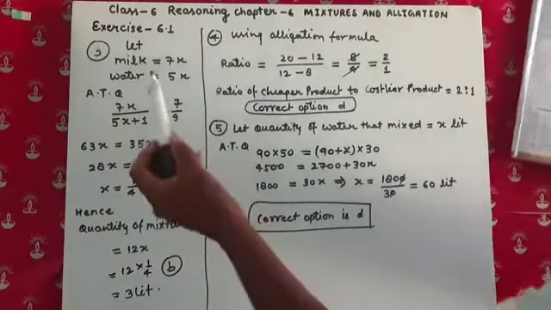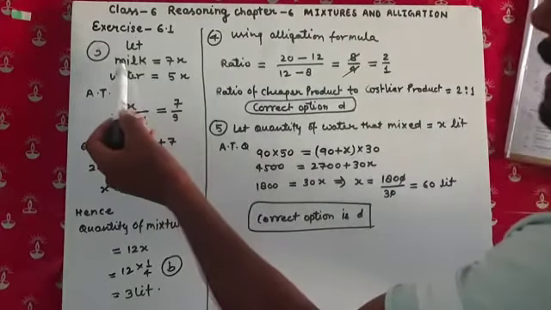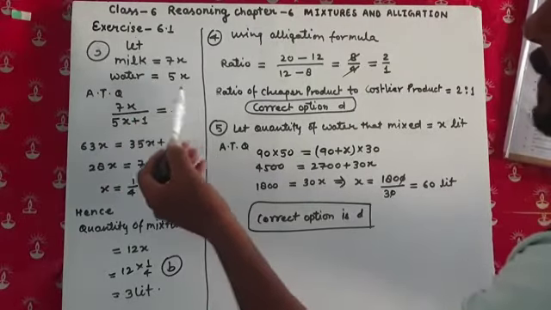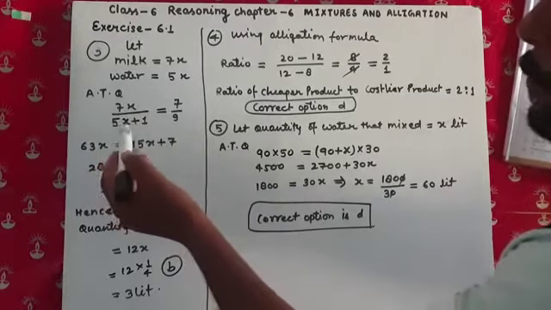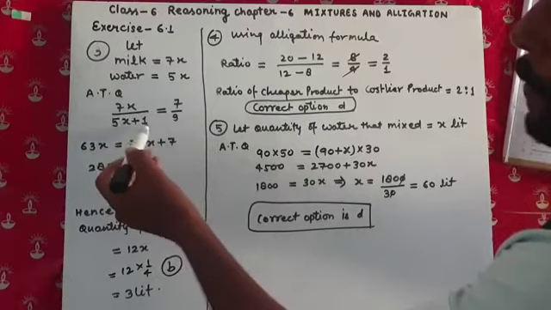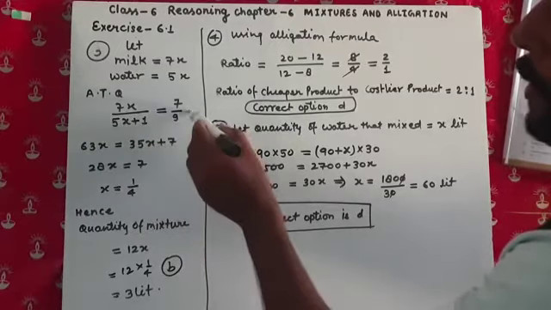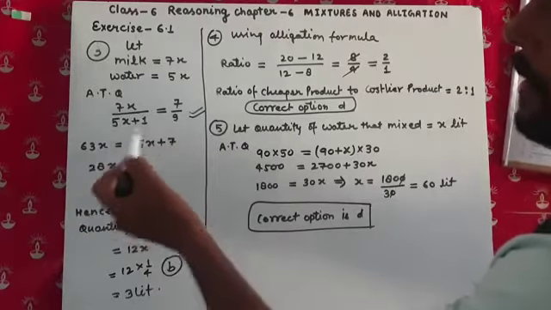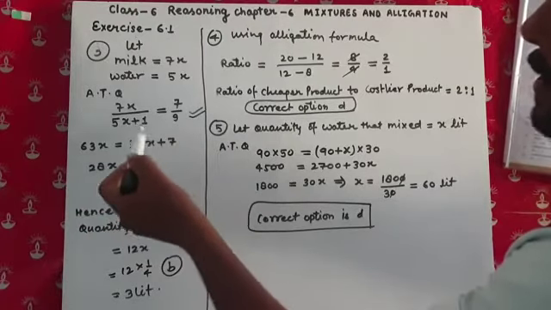Simply, the ratio of milk and water is given as 7:5, so let's consider milk is 7x and water is 5x. According to the question, when 1 liter of water is added, the ratio becomes 7x upon 5x plus 1 equals 7 upon 9, because this is the new ratio given in the question. After solving, 9 times 7 is 63x, 5 times 7 is 35x, 7 times 1 is 7.